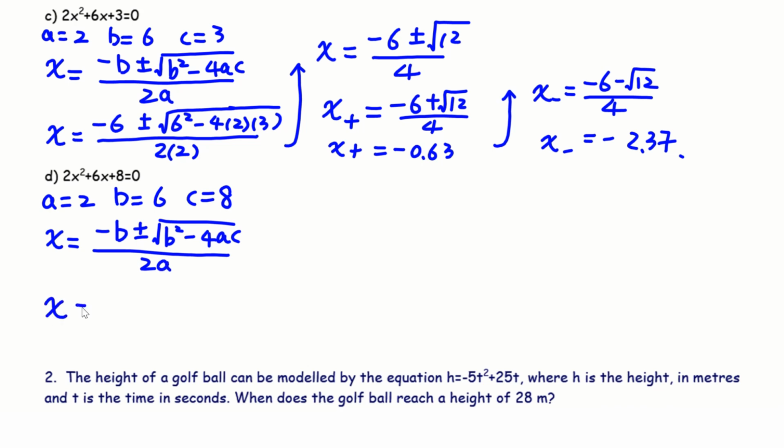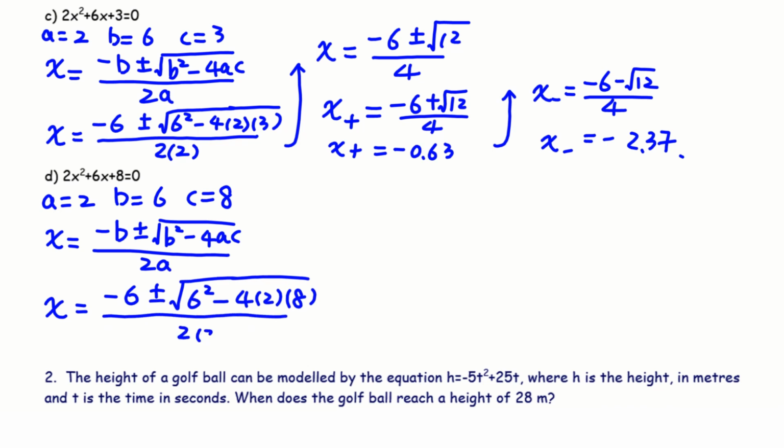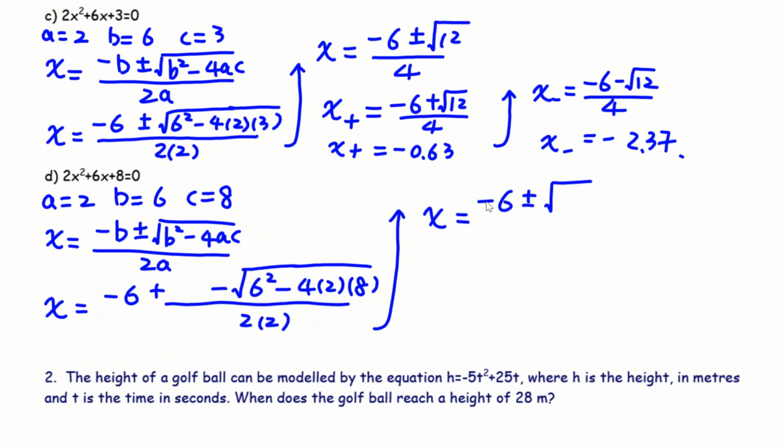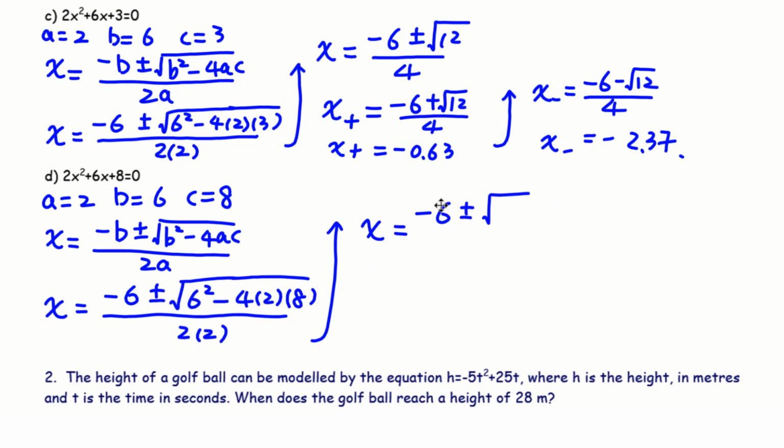Then x equals, sub in b is 6, plus minus square root of 6 squared minus 4 times 2 times 8, then all over 2 times 2. x equals negative 6 plus minus square root of 36 minus 64, then you will have negative 28 all over 4.